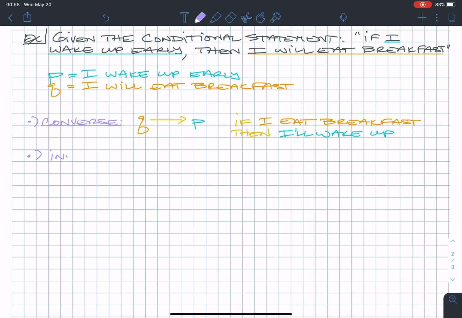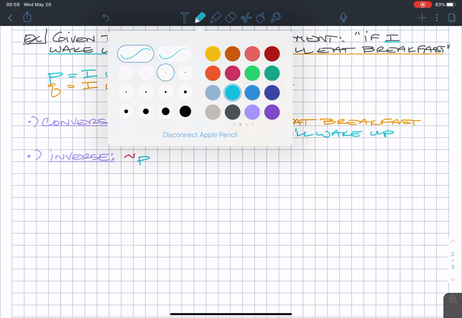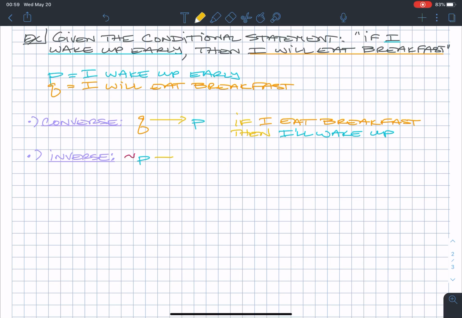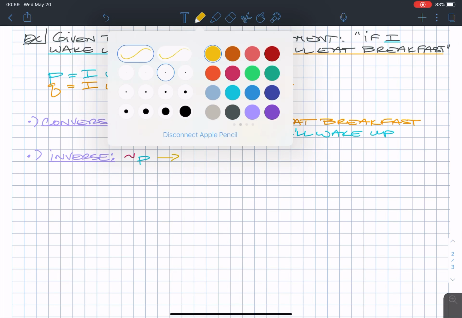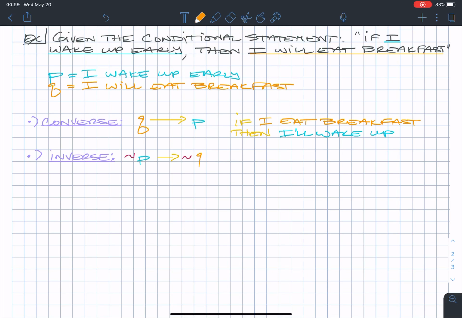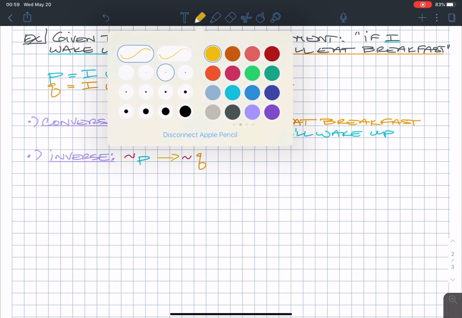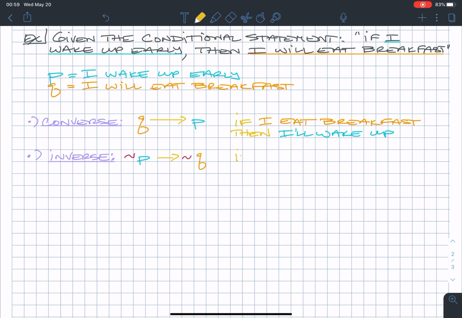What about the inverse of the conditional? So what was the inverse again? Not P implies not Q. That's the inverse. Okay, so it's still an implication, so it's still an if then.